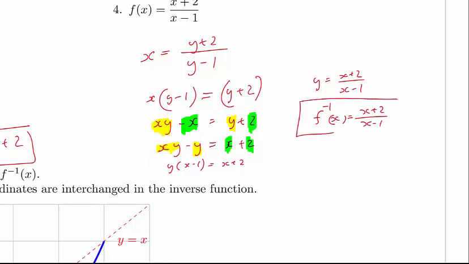Just like that. Cool. Graph the function and its inverse in Desmos. Verify that they are in fact symmetric about the line y equals x.